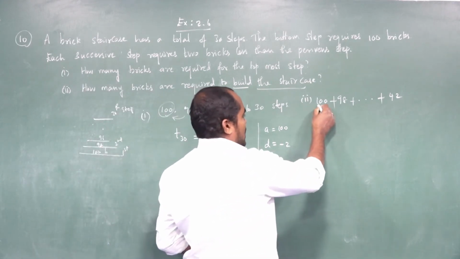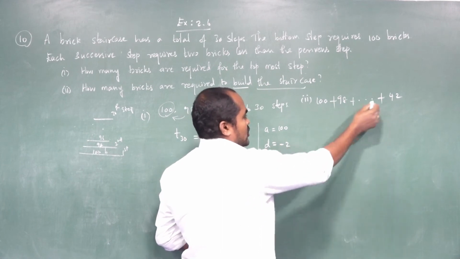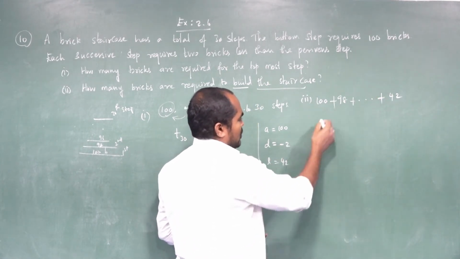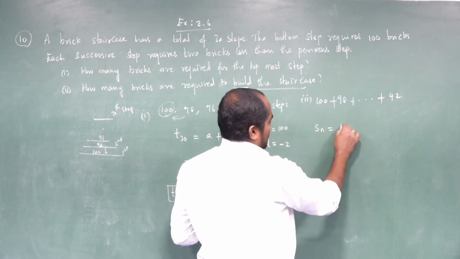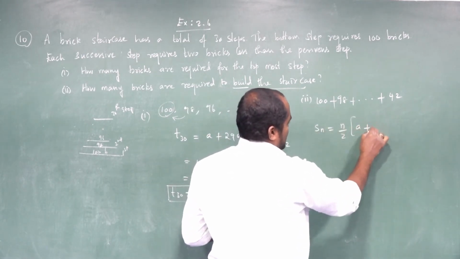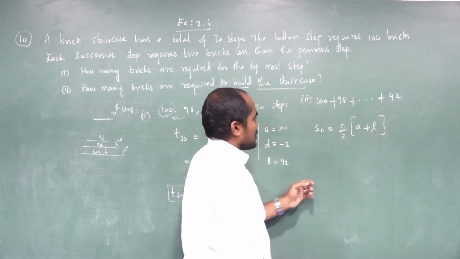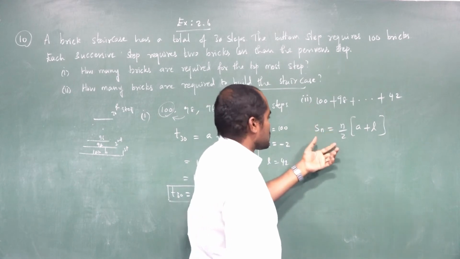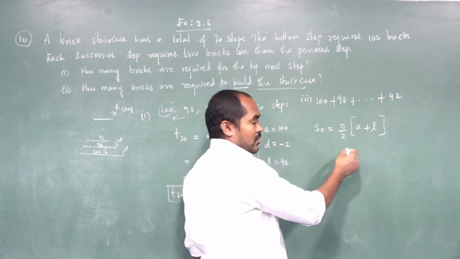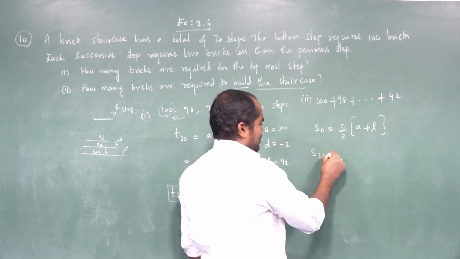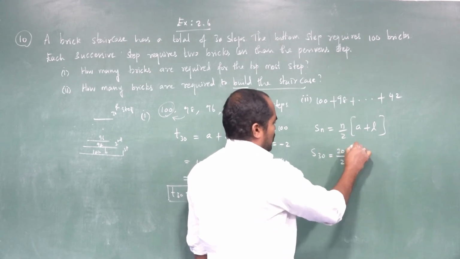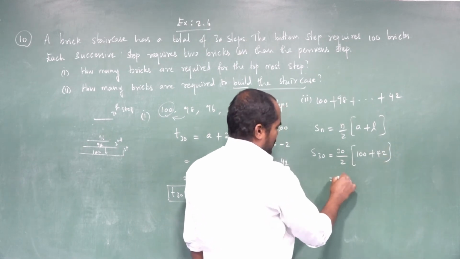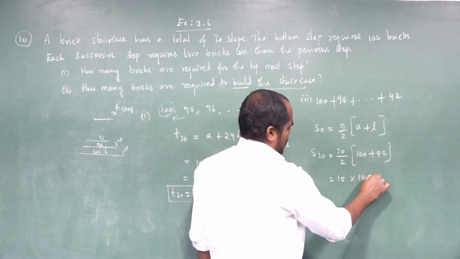So here a is 100, d is minus 2 and l value is 42. Right? So Sn is equal to n by 2 of a plus l, because in this series we have the first and last term. So we use this formula, Sn is equal to n by 2 of a plus l. S30 is equal to 30 by 2 of 100 plus 42. So 15 into 142.